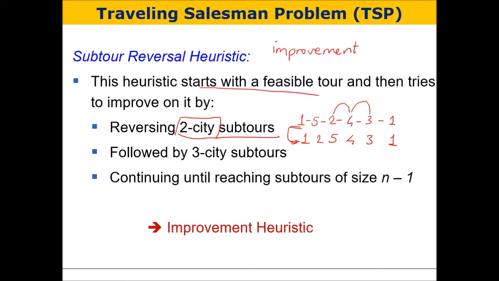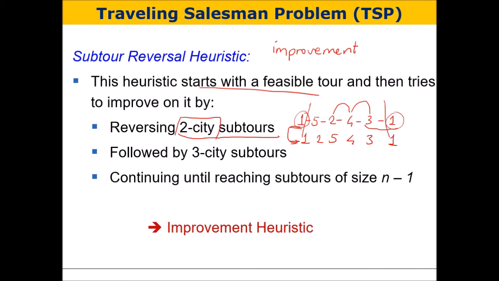But the thing is, in this subtour reversal, if you change the order of 3 and 1, you see it will not produce a feasible tour, or you need to be careful in order to produce a feasible tour, and that's why it's not considered. So we just switch the order of consecutive cities other than the first one in the sequence.